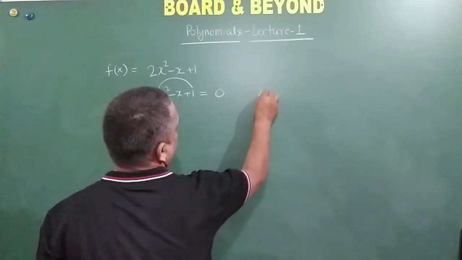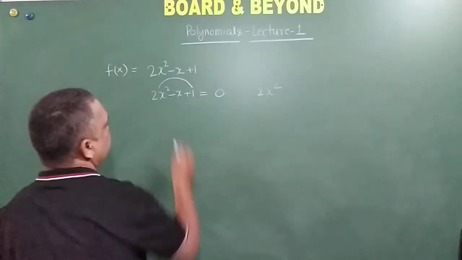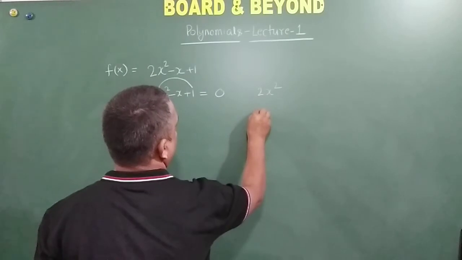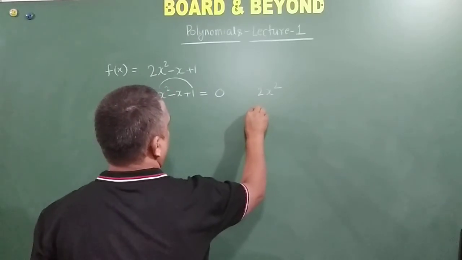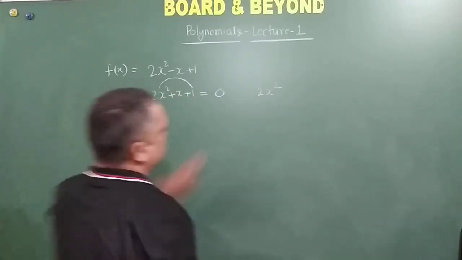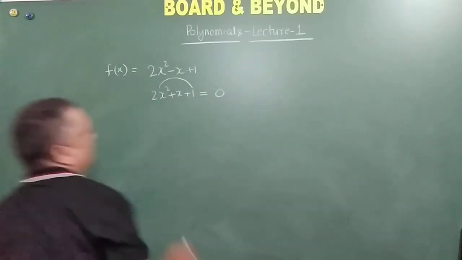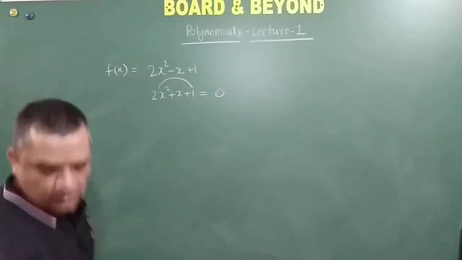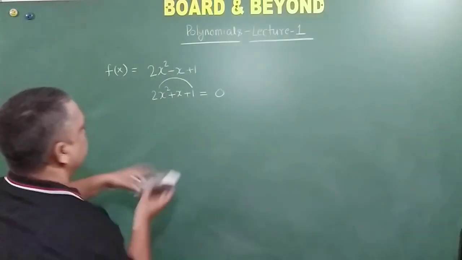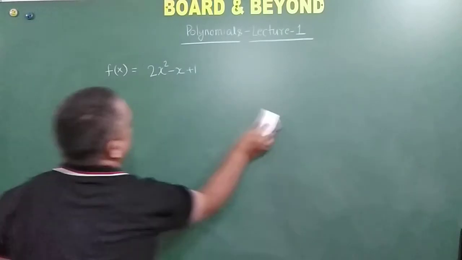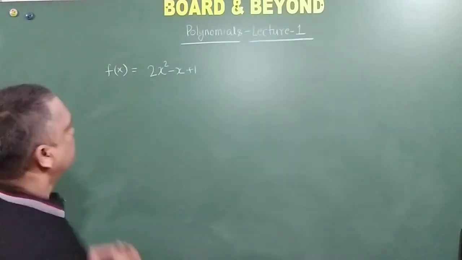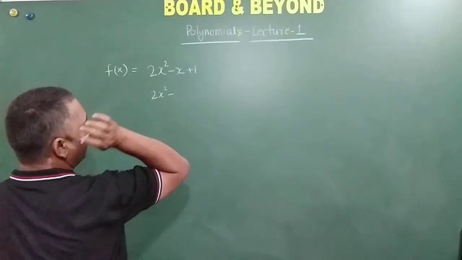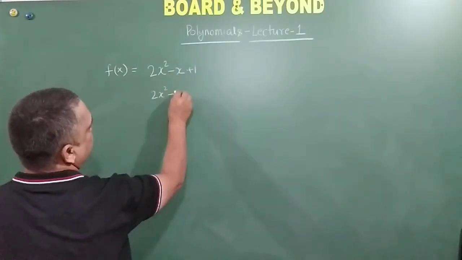So 2x square, and this becomes, let's take this also. Now we try to solve it. Let's do one thing, my friends. This is 2x square. If I have to break this, then I must get plus 1.